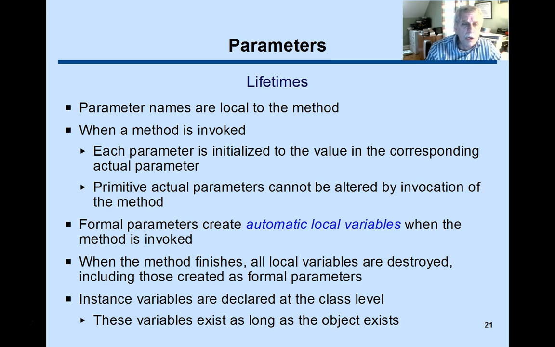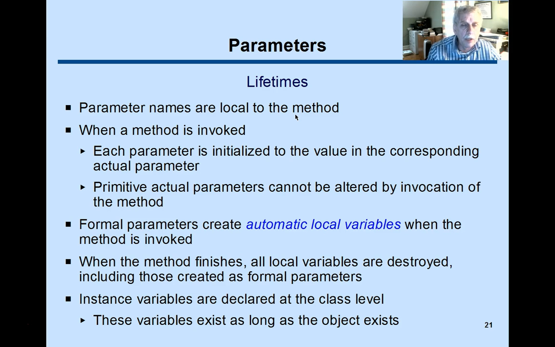Now, an important point about these identifiers that come into play is they have lifespans. So when we pass an argument to a method, the argument's value is copied into or assigned to a parameter. And the parameter is a local identifier, local to the method. We actually can think of it as being a local variable. It comes into existence when the method is activated.